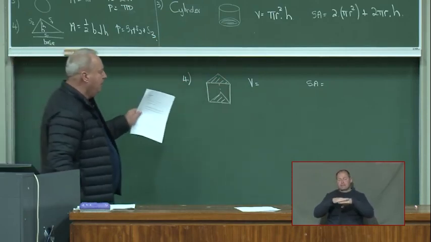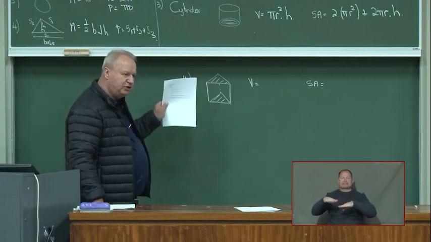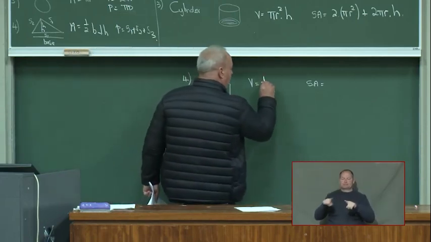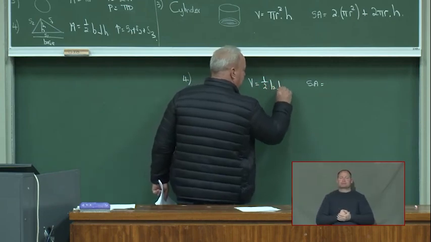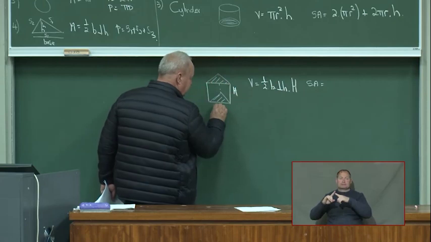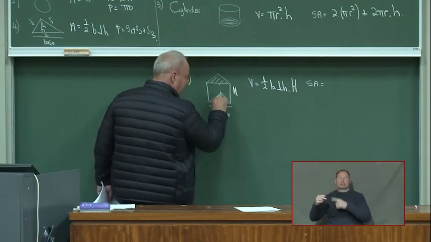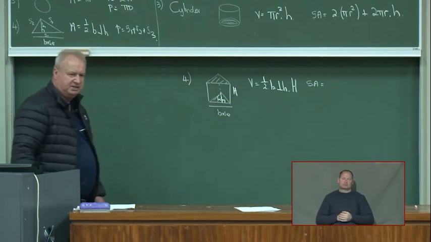The volume is the area of the base. What is the area of a triangle? It is half base times perpendicular height, times h, where this here is h, this here is the base, and this here is the perpendicular height. Does it make sense?